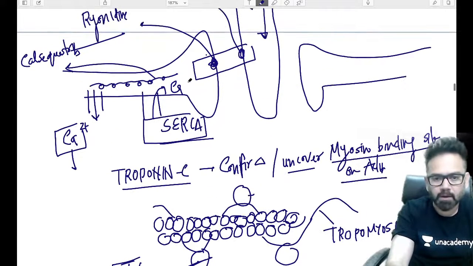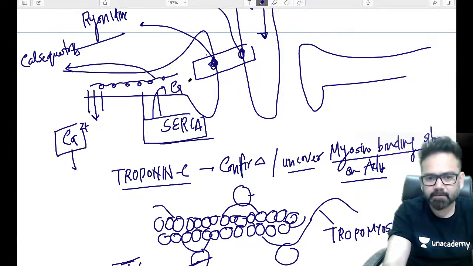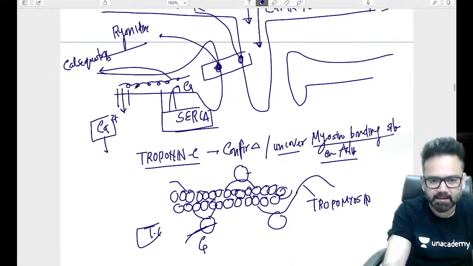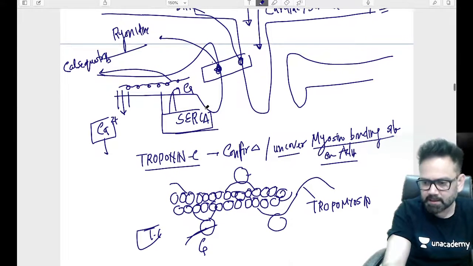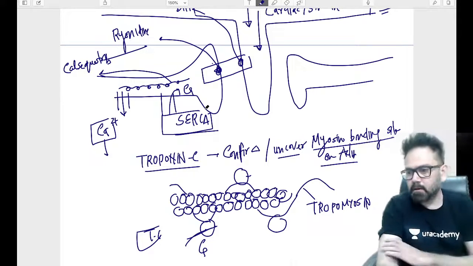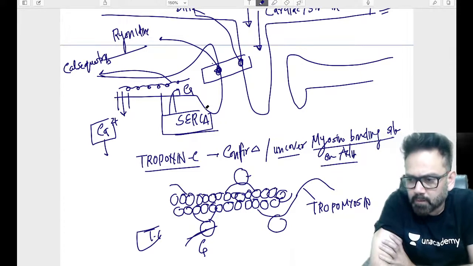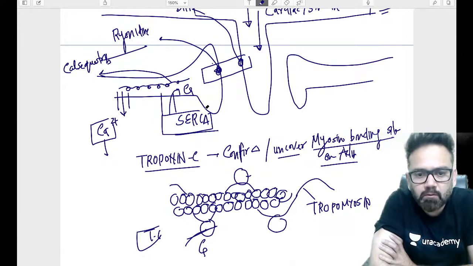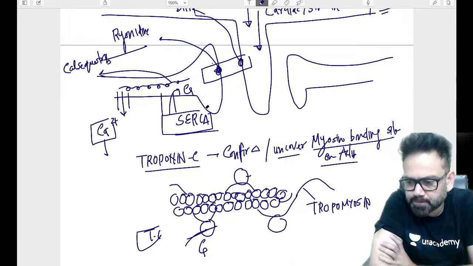Okay, now who will tell me what is Brody's myopathy? What is Brody's myopathy in this diagram, and what happened in that? And what is malignant hyperthermia? Ryanodine mutation is what?